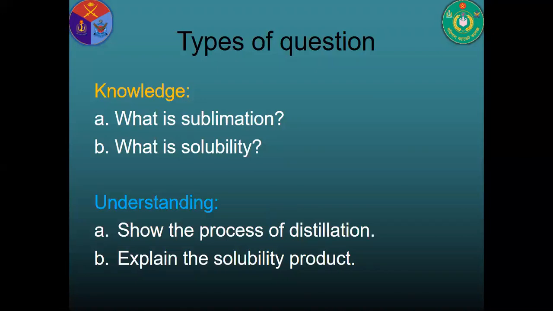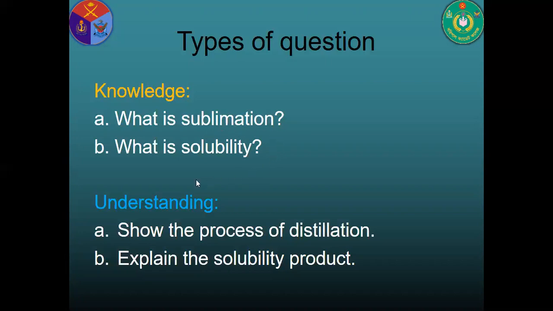Now, several types of questions may be set from our discussion. Knowledge-based question: What is sublimation? The process where any substance transforms from solid to gaseous by applying heat, and if it is cooled, it again transforms from gaseous to solid, is called sublimation.